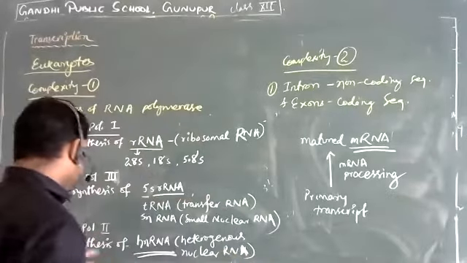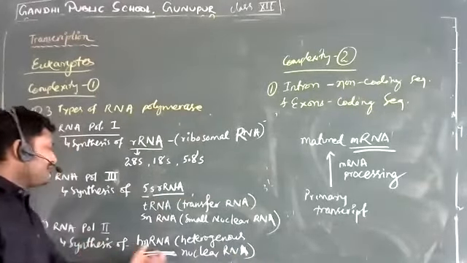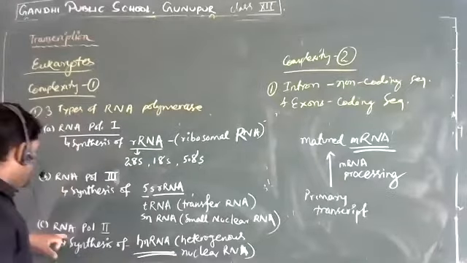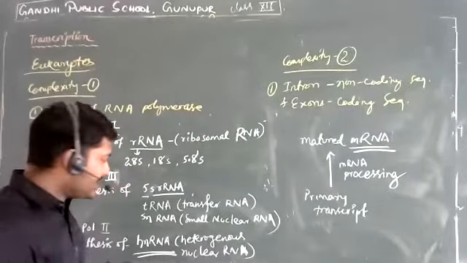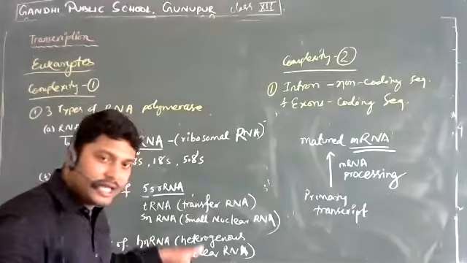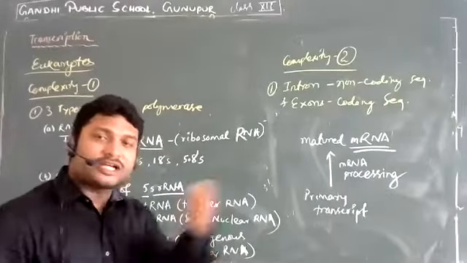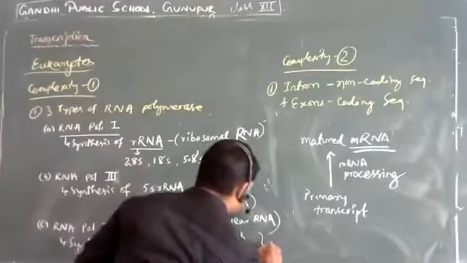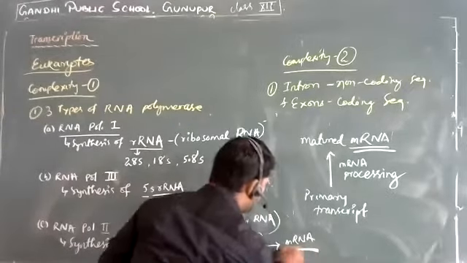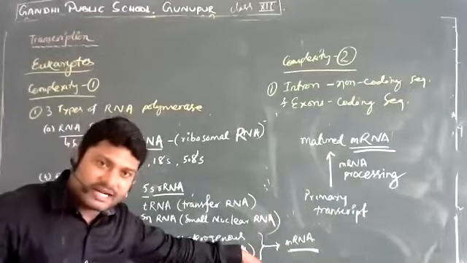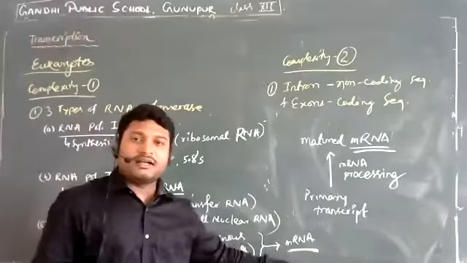As I said earlier, there is synthesis of hnRNA. RNA polymerase 2 in eukaryotes forms the hnRNA, which is called heterogeneous nuclear RNA. As I said, it is a precursor, meaning this is going to form the mRNA. In future, this will give rise to the primary transcript, and that will form the mRNA.